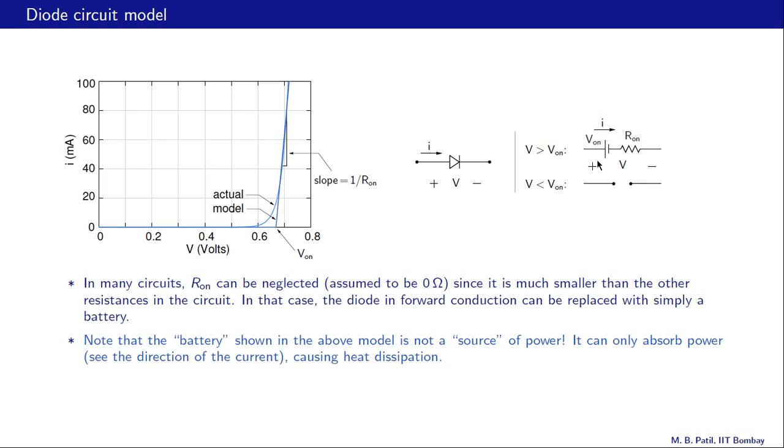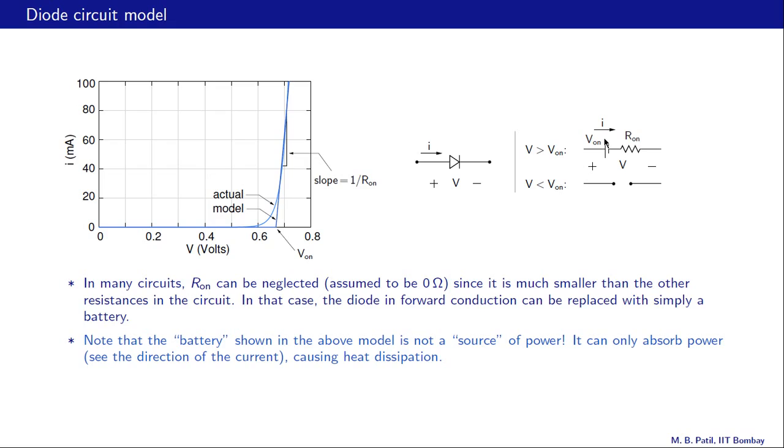Alright, now one important comment about this battery. Note that the battery shown in the above model is not a source of power. And why do we say that? Let us calculate the power absorbed by this device as a whole. It is V on times I plus the power absorbed by R on.